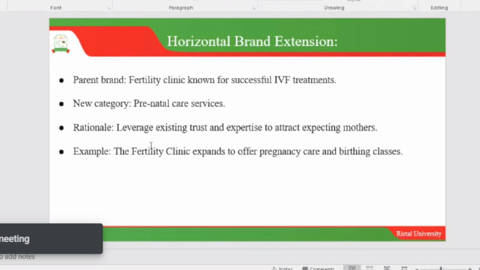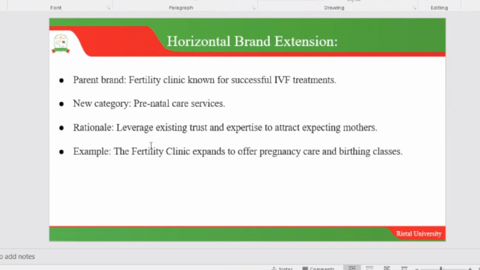So what are horizontal brand extensions? When you're discussing horizontal brand extensions, for example, the parent brand, say fertility clinic, is known for successful IVF treatments. This time, then you'll open a new category called prenatal care services. While you're looking at a prenatal care service, it is because you want to leverage or utilize the existing trust and expertise to attract expecting mothers.